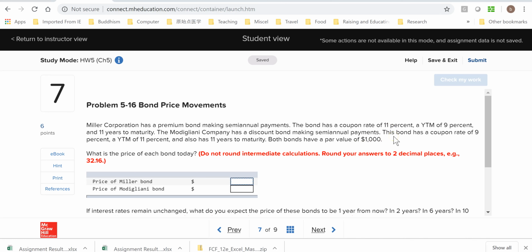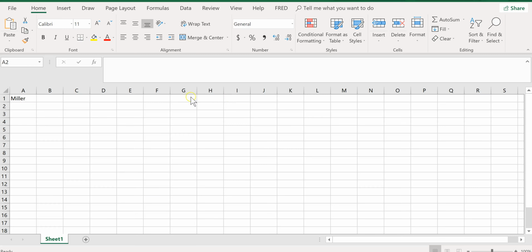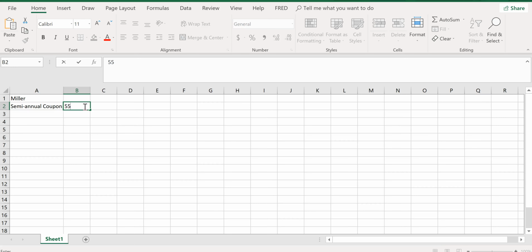That's $110. So we should divide that by 2 to get the semi-annual coupon payment, which is 55.